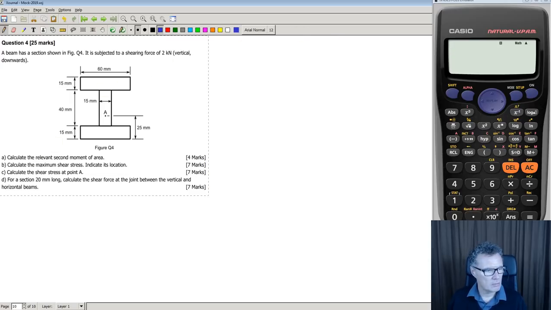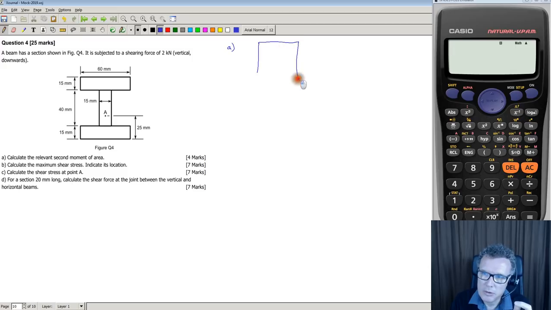Right. So the first one is straightforward. Looking at the formula sheet here. So for part A, what I suggest you do is when you've got a symmetrical problem like this, you don't want to be using the parallel axis theorem, you want to use the void method.